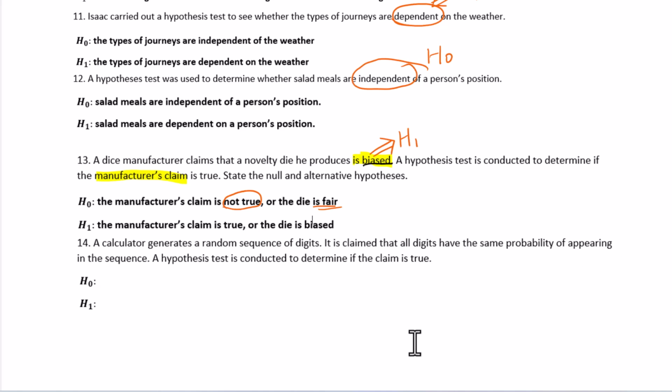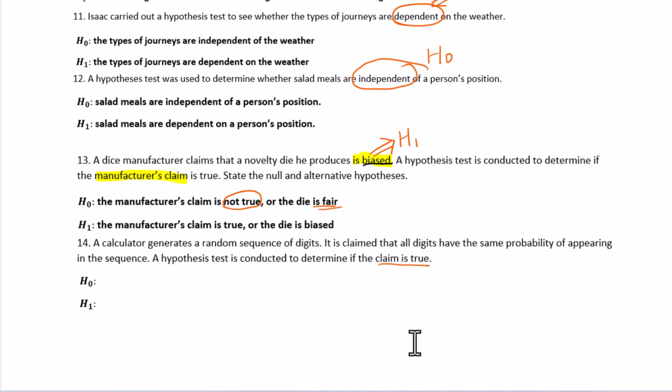14. A calculator generates a random sequence of digits. It's claimed that all digits have the same probability of appearing in the sequence. A hypothesis test is conducted to determine if the claim is true.